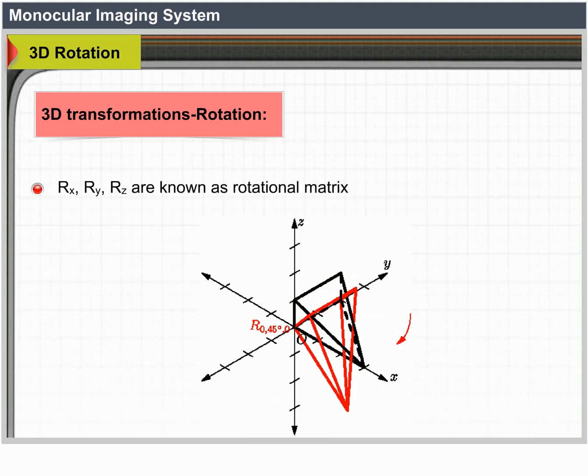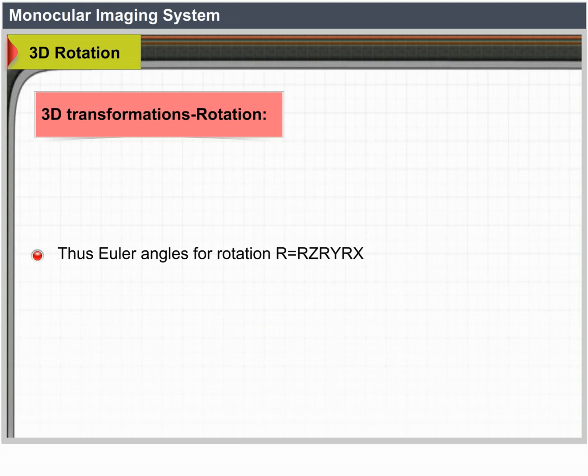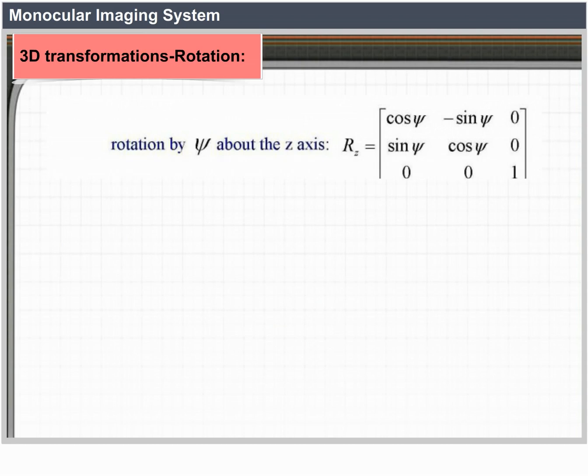Rx, Ry, Rz are known as rotation matrices. Thus, Euler angles for rotation R equals Rz, Ry, Rx can be represented as rotation by psi about the z-axis, Rz equals cos psi, sin psi, 0; minus sin psi, cos psi, 0; 0, 0, 1.